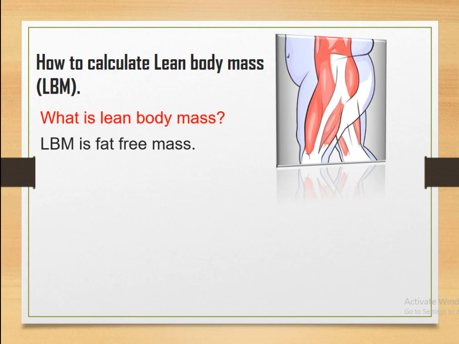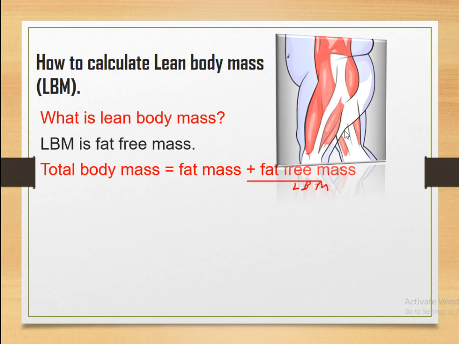So, how can you calculate this? You need to understand that the total body mass is equal to fat mass plus fat-free mass. The fat-free mass is the lean body mass. The total body mass, my mass, is equal to the mass of the fats in my body plus the mass of other substances without the fats.